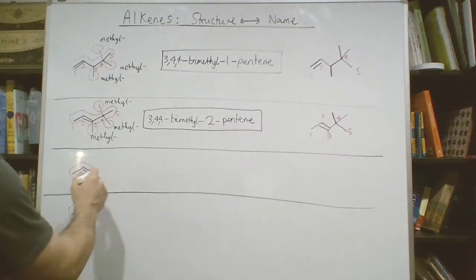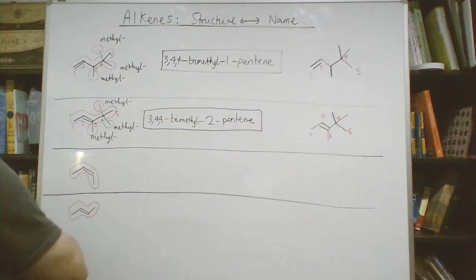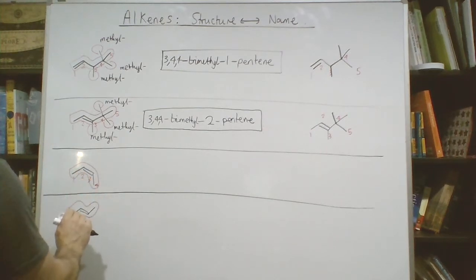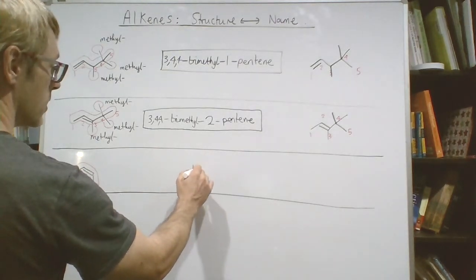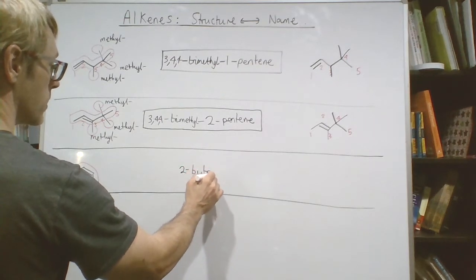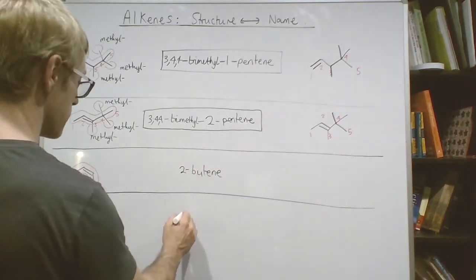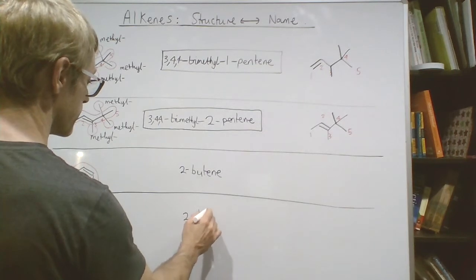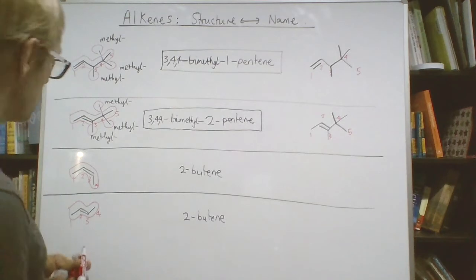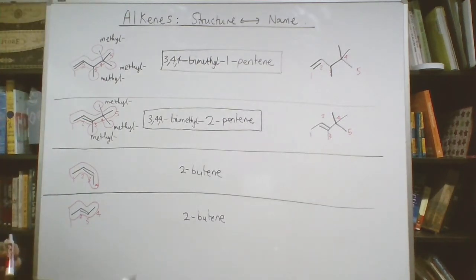If I number this, 1, 2, 3, 4, 1, 2, 3, 4, I definitely have 2-butene in both cases. Okay, 4 carbons, double bond between carbons 2 and 3, but yet they're still different. There's still something about them that's different.